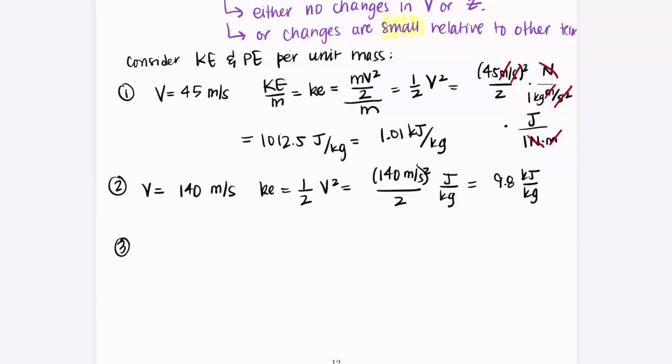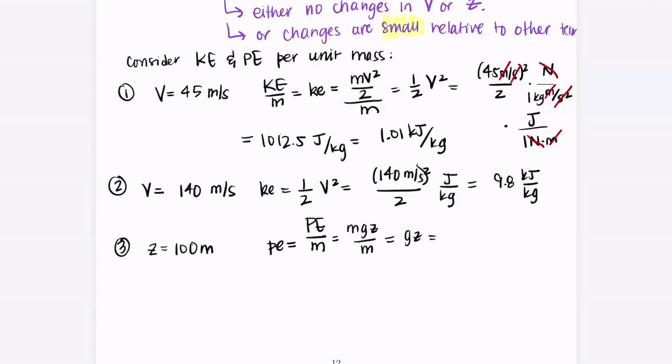Our third example is going to be potential energy. If we have an elevation of 100 meters, our specific potential energy is potential energy divided by m. So we have mgz divided by m, which just leaves us with gz.